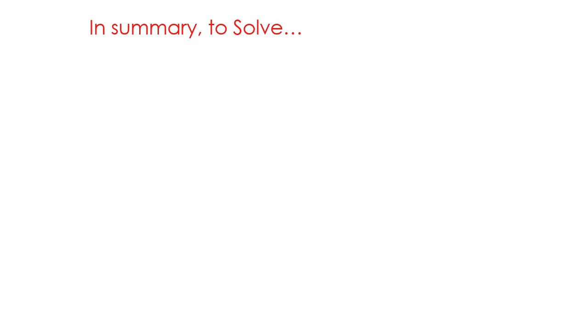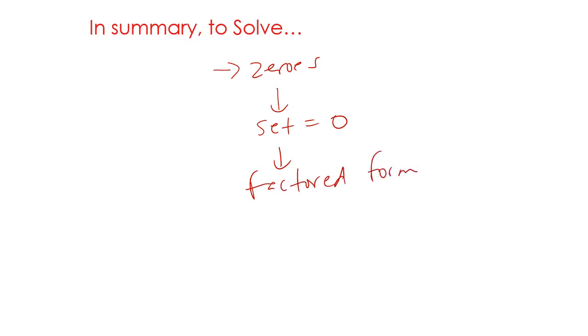So in summary, to solve, I kind of already made this little flow chart for you, but to solve means that you want to find your zeros, which means set it equal to 0. You need the factored form, which means you have to factor.